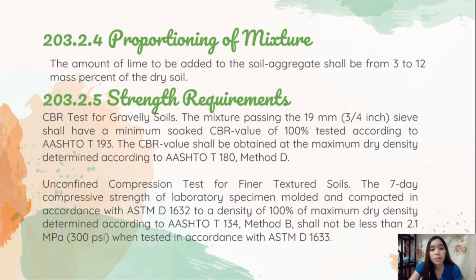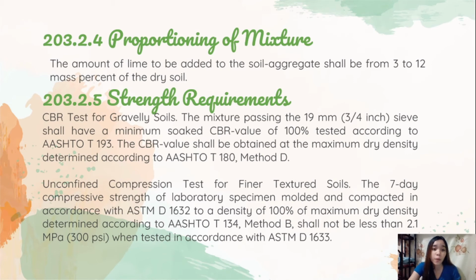So CBR test for gravelly soils. The mixture passing the 19 mm sieve shall have a minimum soak CBR value of 100% tested according to AASHTO T193. The CBR value shall be obtained at the maximum dry density determined according to AASHTO T180 method T.